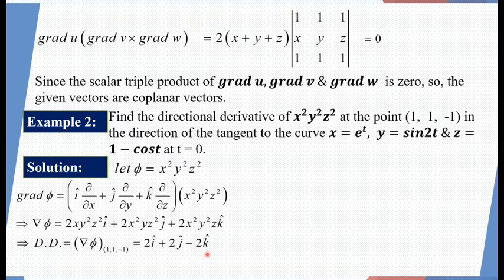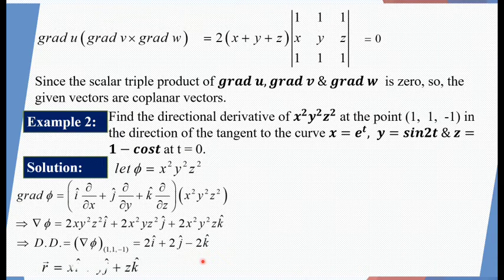But this is not the required directional derivative, because we have to find the directional derivative in the direction of the tangent of this particular curve. If it only said to find the directional derivative at this particular point, then this would be the right answer. But we have to find it in the direction of another function.